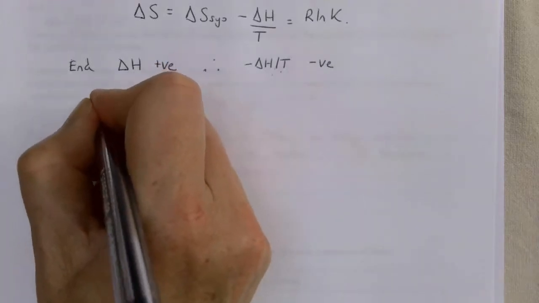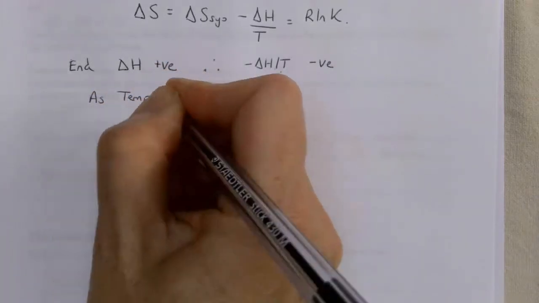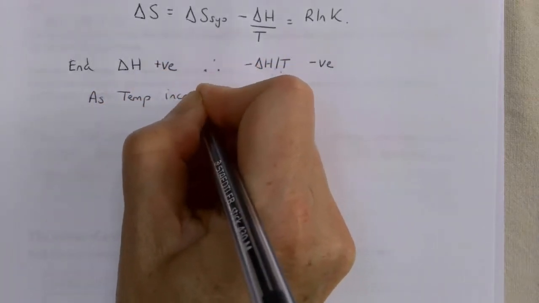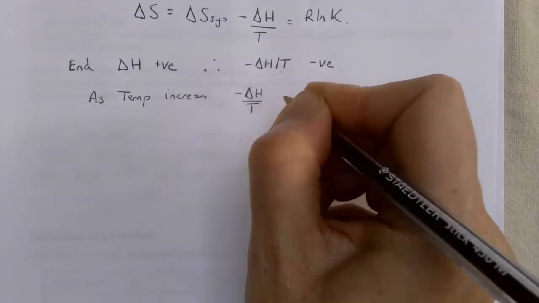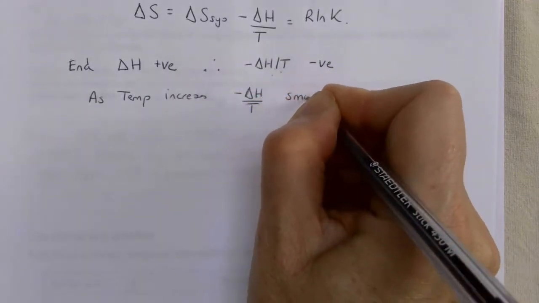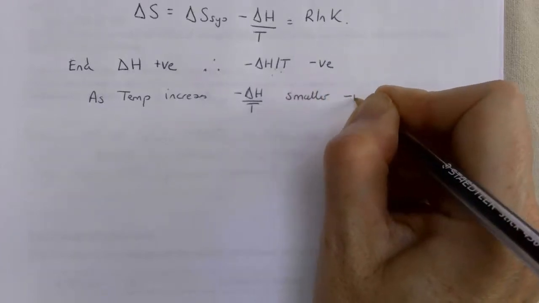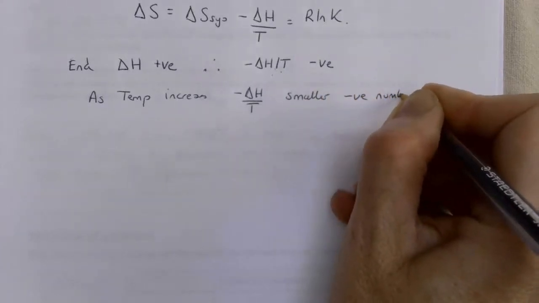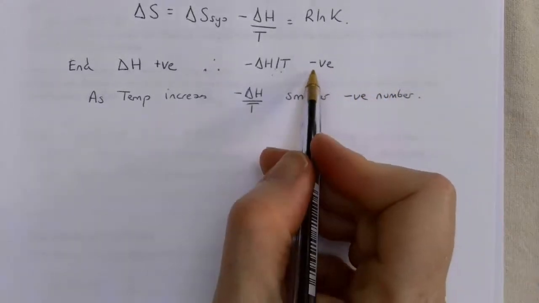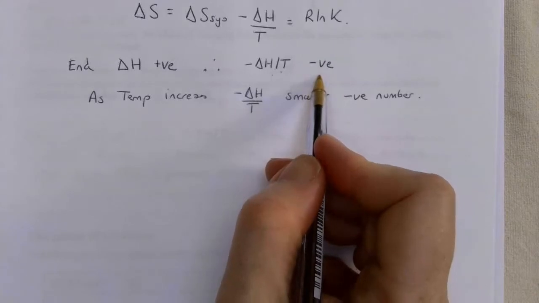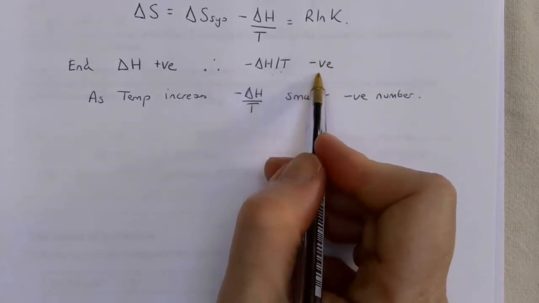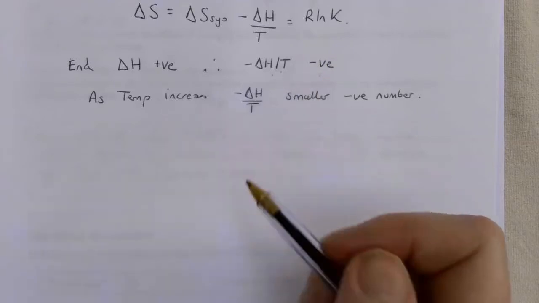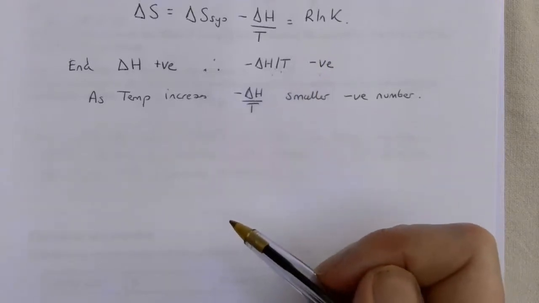So as temperature increases, the minus delta H over T term becomes a smaller negative number. In other words, it gets closer and closer to zero. It's never going to be positive because it'll always be negative, but it has less and less of an effect as the temperature increases.